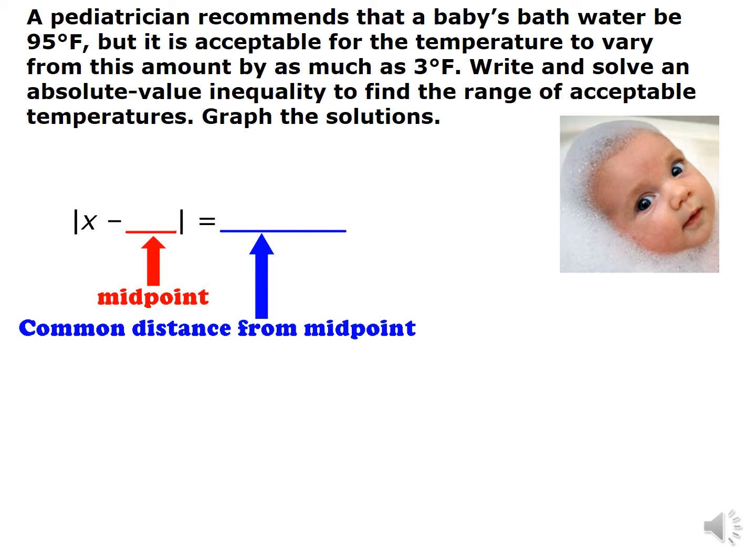So the midpoint is also the ideal that they want, and this is the allowed variance. And we talked about this with manufacturing, but it works in temperatures too, okay? So the ideal is 95, and it's acceptable to have a range of 3.